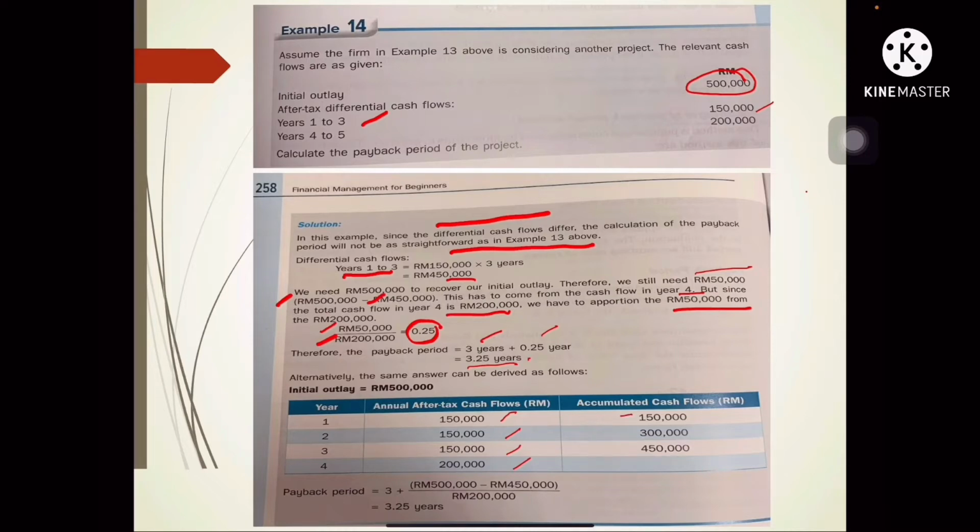Year 1 is 150,000, plus year 2 it becomes 300,000, and plus year 3 now becomes 450,000. If we add 200k for year 4, it is going to be 650,000, but our initial outlay is only 500,000.